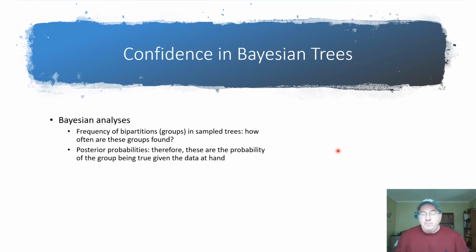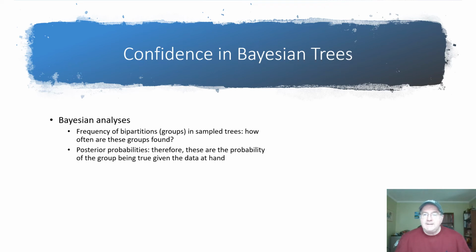You're searching for a posterior probability of 100%. That is, all of the trees have this group at hand. And therefore, your hypothesis that that group exists is true.